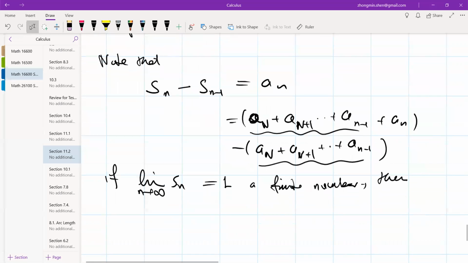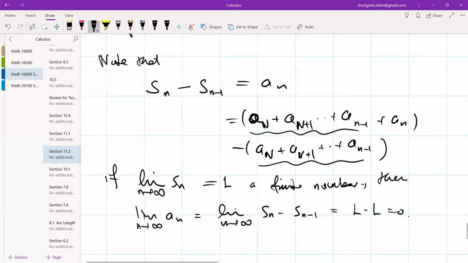The limit of the nth term is going to be the limit of S_n minus the limit of S_{n-1}, so this is going to be L minus L, which is 0. So if the series is convergent, the nth term approaches 0.